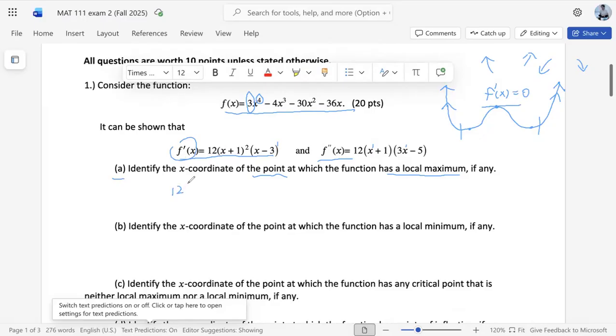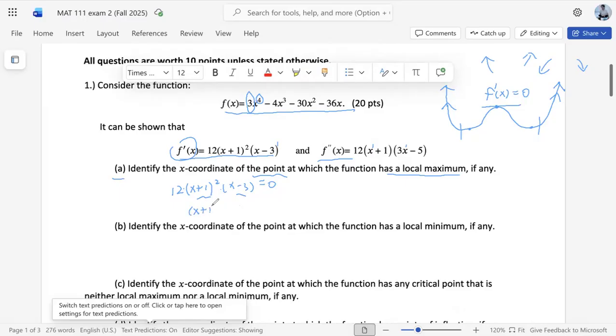So we have 12 times (x plus 1) squared times (x minus 3) equals 0. You see, this is all multiplication, right? We have 3 things, 12 multiplied by this equals 0, so we use the zero property. 12 cannot be 0, so we divide by 12. But then these can be 0.